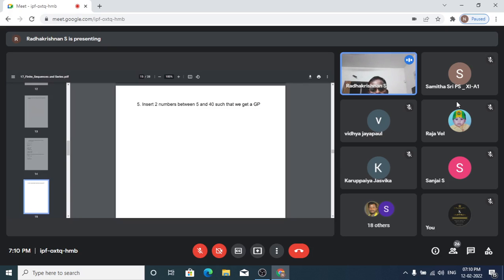So here we want to insert two numbers, அப்படின்னா first term 5, அதுக்கப்புறம் ரெண்டு terms missing, அதுக்கப்புறம் fourth term 40. You can assume that T1 is 5 and T4 is 40. So from that you can determine A and R and determine the missing numbers.